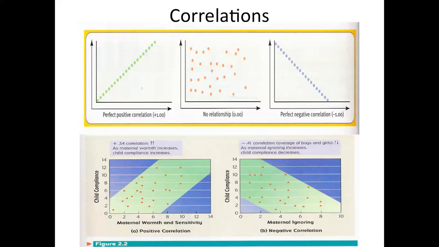Jessica, is the bottom panel on the left or the bottom panel on the right a stronger correlation? Jessica Gavoronsky. I would probably say the one on the left, since it's a positive correlation.